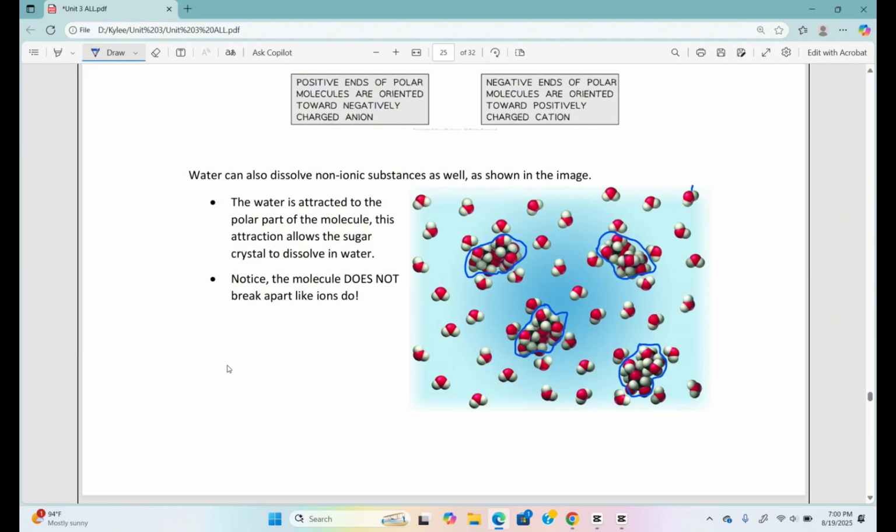That's different than ionic compounds like NaCl, which break apart into individual pieces, sodium and chlorine. Covalently bonded molecules still dissolve in water because of water's high polarity and the interaction between dipoles, but they stay together as one big part.